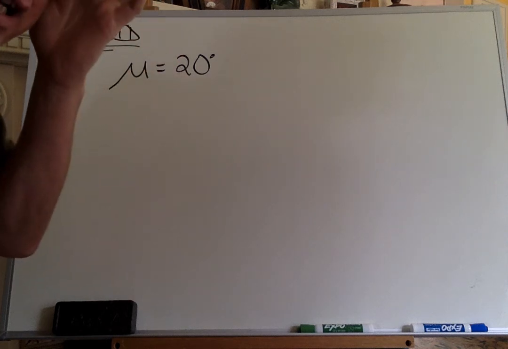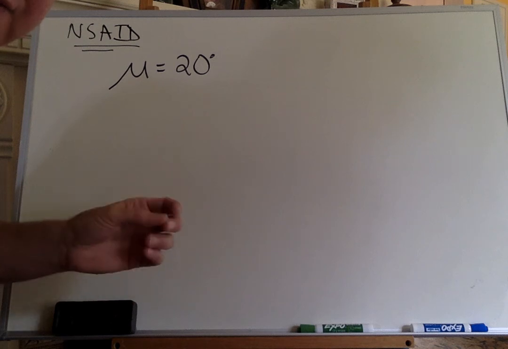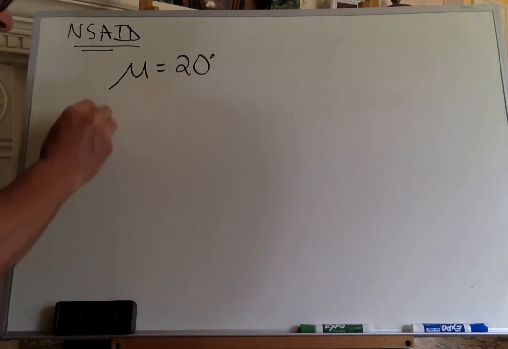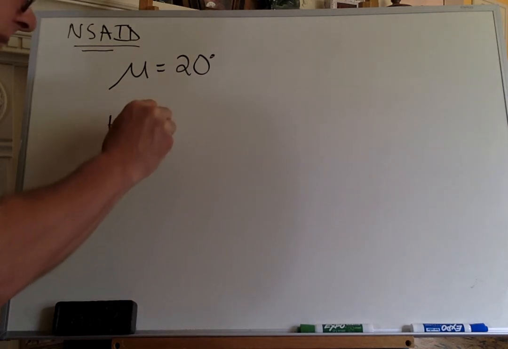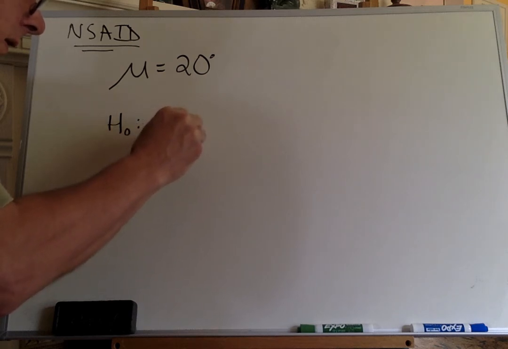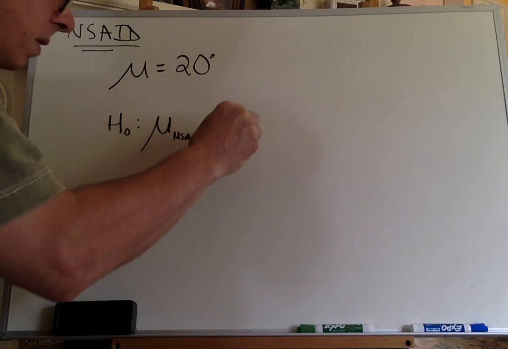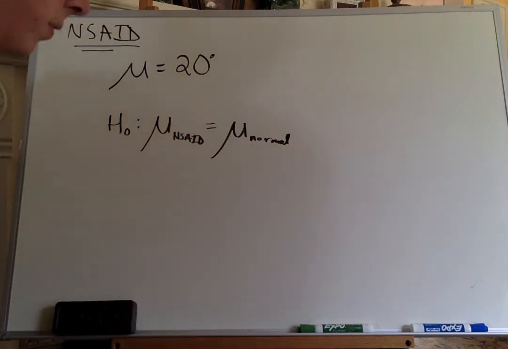Now from that information, you should be able to generate our hypotheses for this research, okay? So the null hypothesis would state that the people who get NSAIDs will show the same improvement as people that get normal therapy, okay?